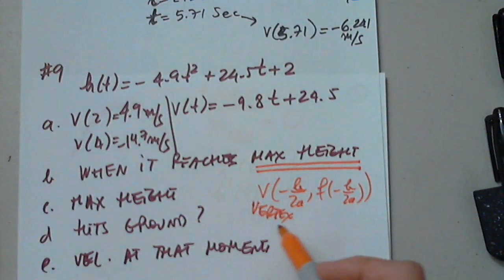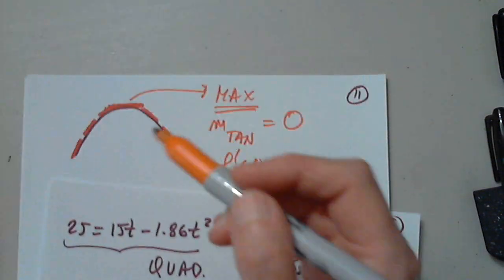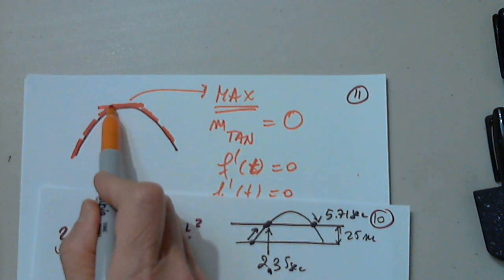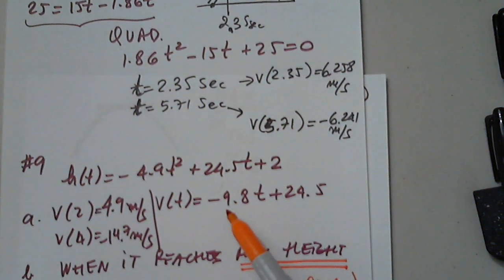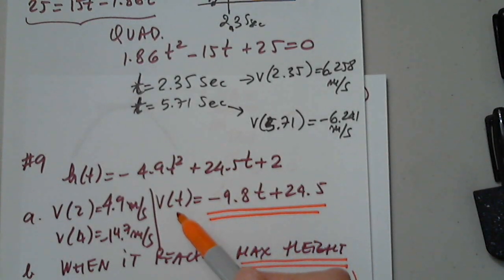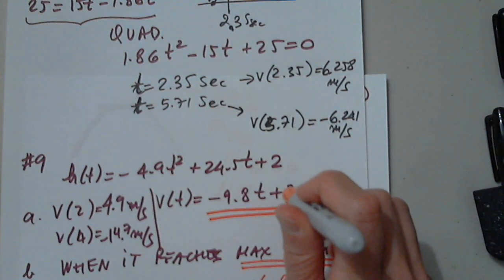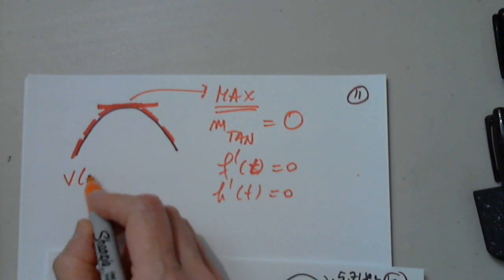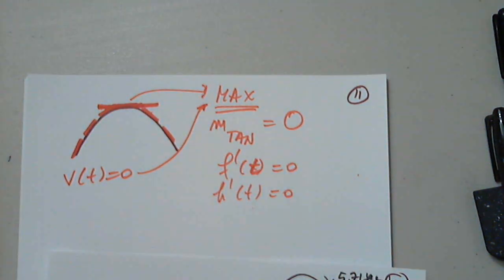But now there is no need for this anymore, because we know that when a function reaches its maximum, the slope of the tangent line has to be 0, because this is a horizontal line. So once we determined the velocity, which is the derivative of this function, by simply setting this equal to 0, so v of t equals 0, will give us the maximum.